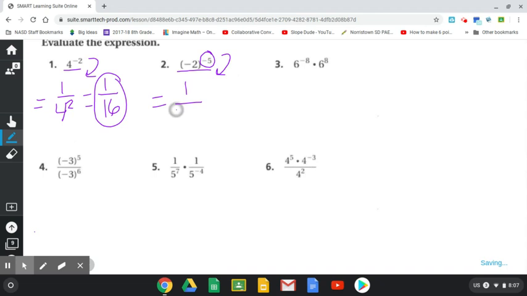Everything that was on the top is going to move to the bottom, and the exponent is going to become a positive. Okay? If you put this in your calculator with the parentheses, remember, we would get 1 over negative 32. Remember, those parentheses are really important.